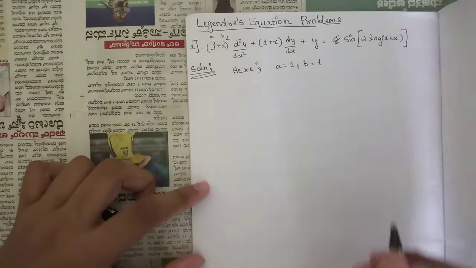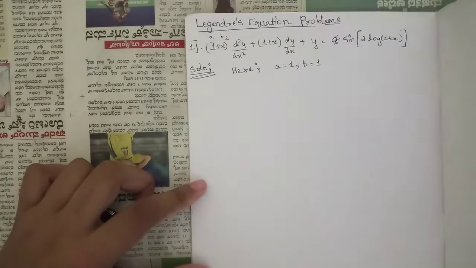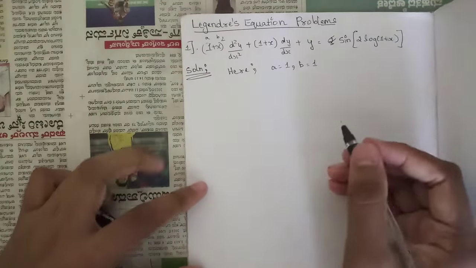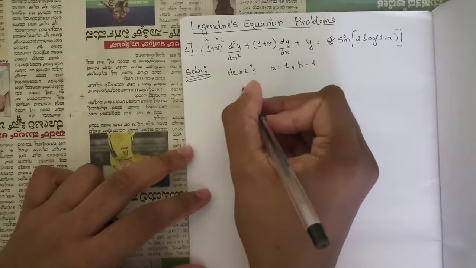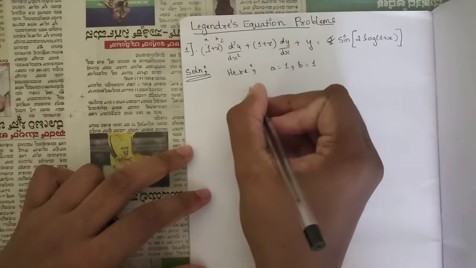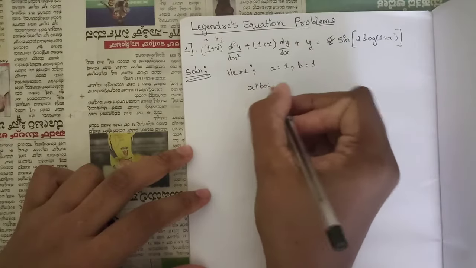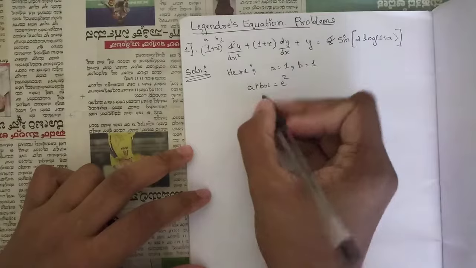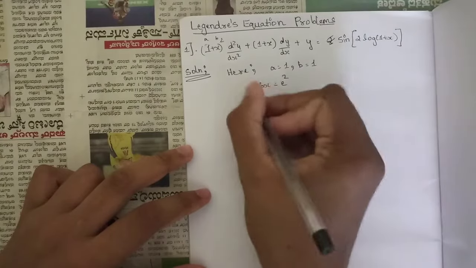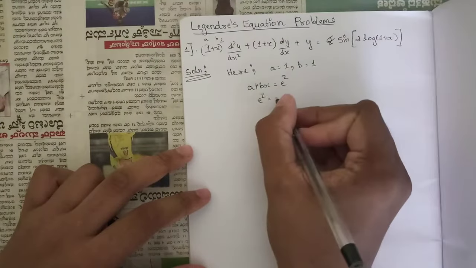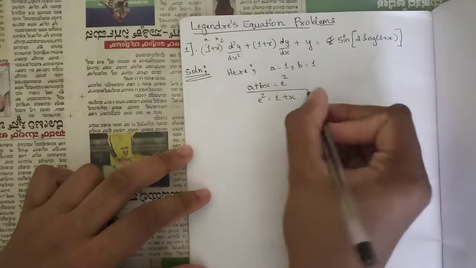Now we need to substitute a few values. Here we substitute a plus bx equal to e power z, where e power z corresponds to a is 1 and b is 1, so 1 plus x.